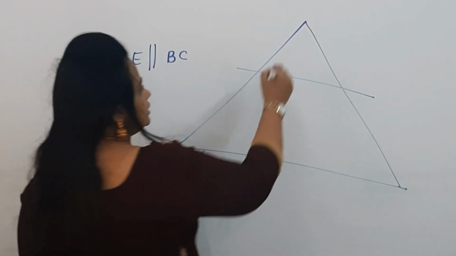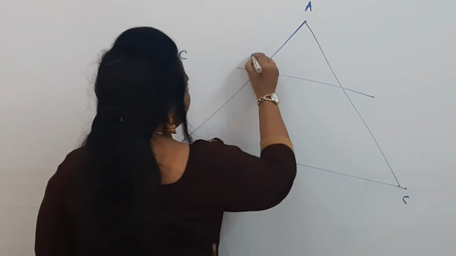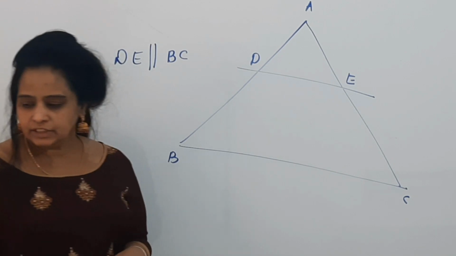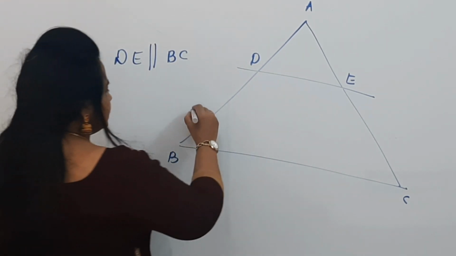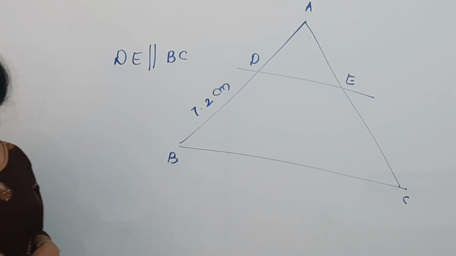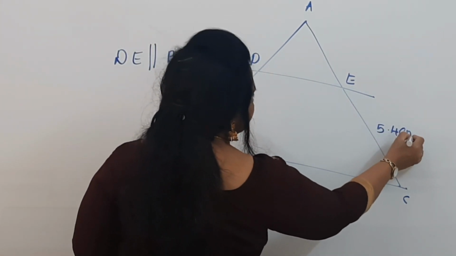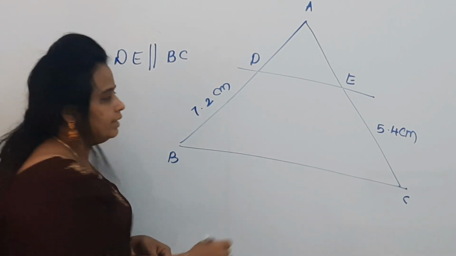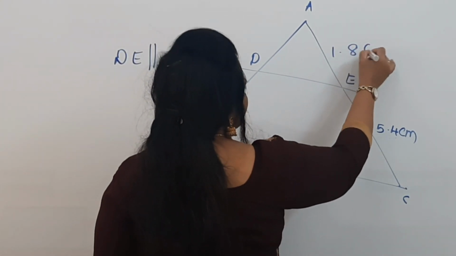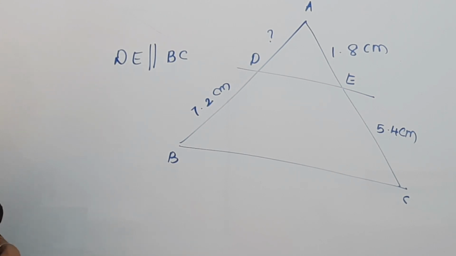ABC is your triangle, and of course DE is parallel, such that BD is 7.2 cm and EC is 5.4 cm and then AE is 1.8 cm. Now my question is to find AD in the second question.